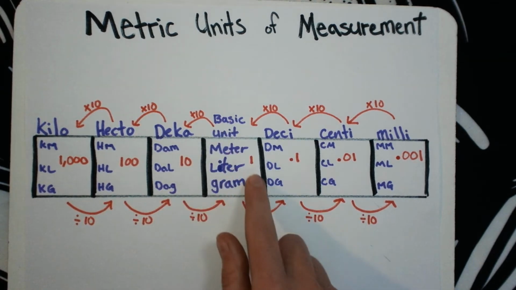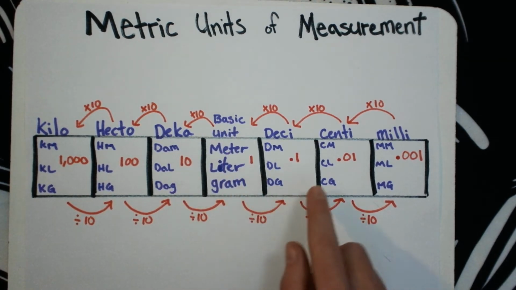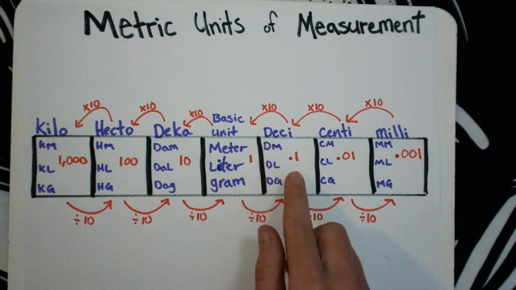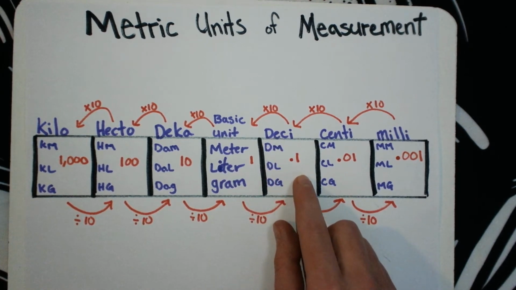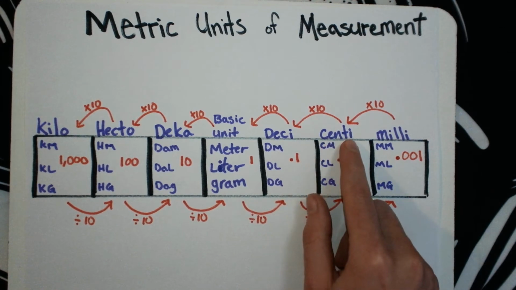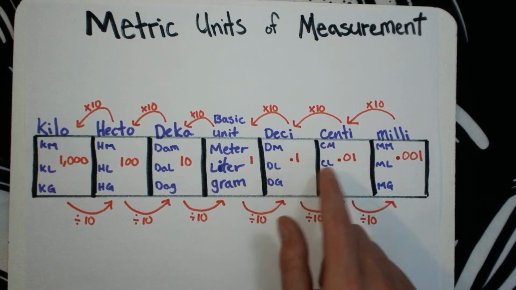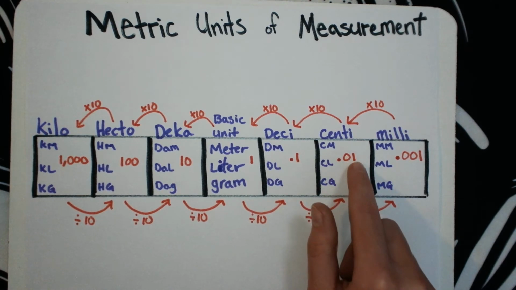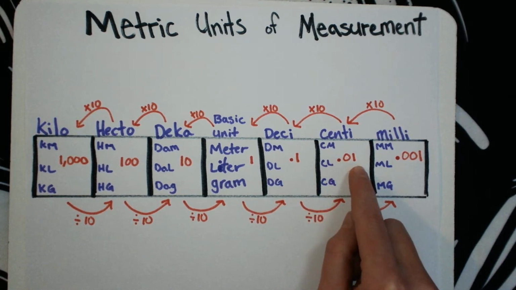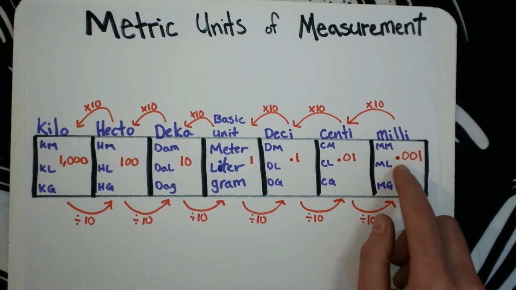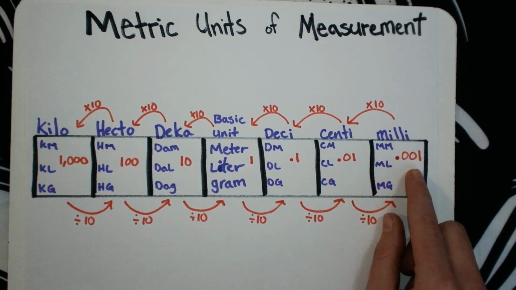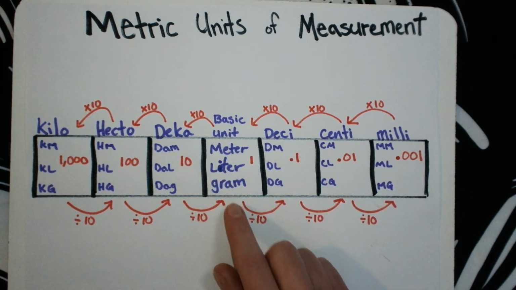Then we have our basic, that's standing at 1. We have our deci, which is 1/10. Right there, that's in the tenths place. We have our centi, that's 1/100th of the basic unit, of course. So we have our 1 in our hundredths place. We have our milli, which is 1/1000th of the basic unit.